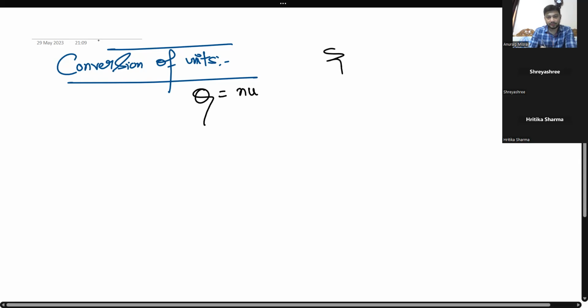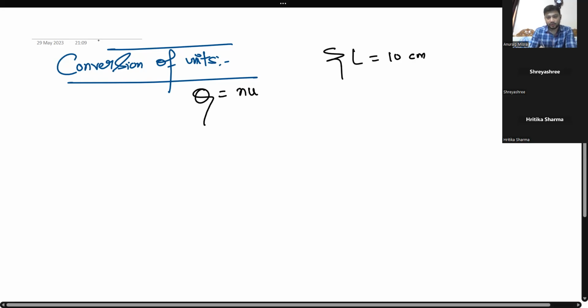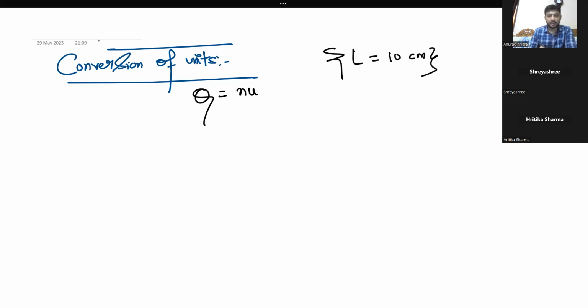For example, if I write that the length of a line segment is 10 centimeter, it basically means that the length of the line segment is 10 times the standard length called centimeter.